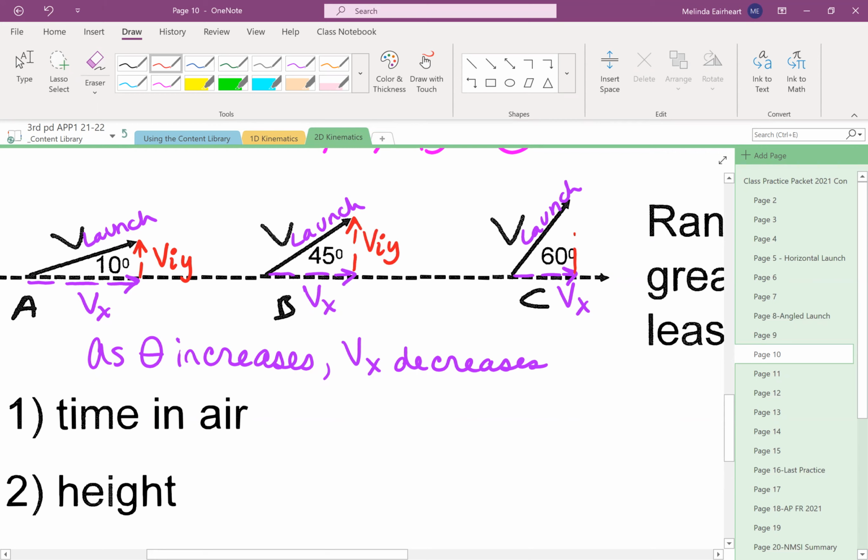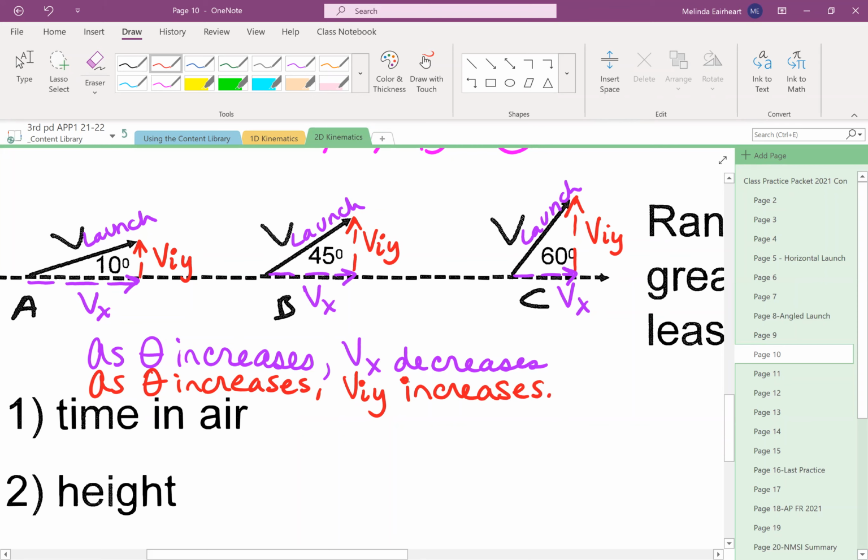And then 60 degrees is even more vertical. And so as theta increases, what happens to Viy? It increases. Now we'll get into sine and cosine coming up, but right now, just knowing that kind of trend, okay?